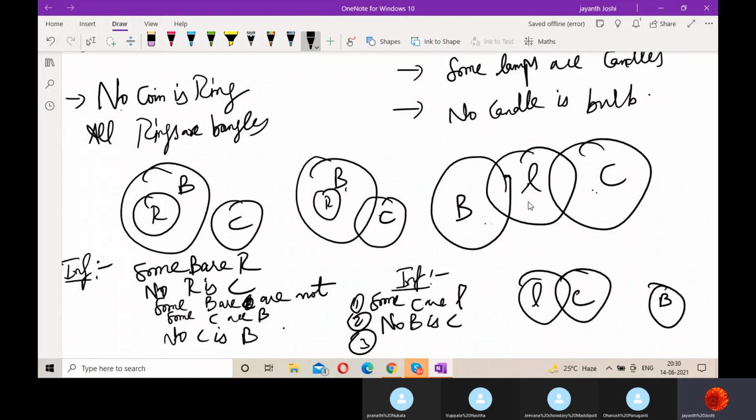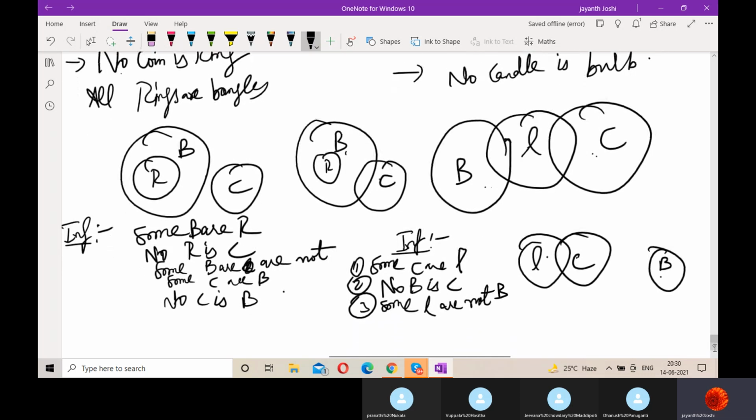See, some lamps are not bulbs, correct? Some lamps are not bulbs. Fourth, there can be two cases: some lamps are bulbs, or no bulb is a lamp.